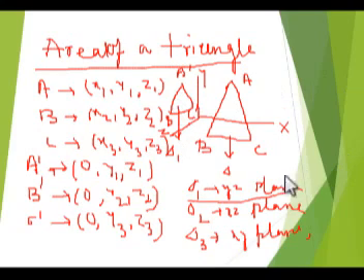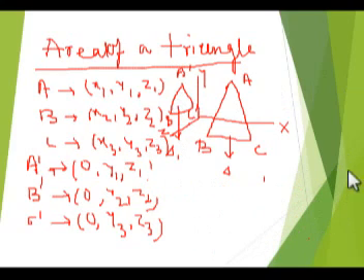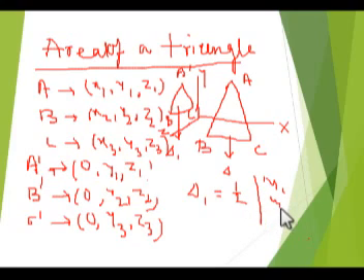This will be delta 1. We know from 2D analytic geometry that this will be equal to 1 by 2 times the determinant: y1 y2 y3, z1 z2 z3, and 1 1 1.